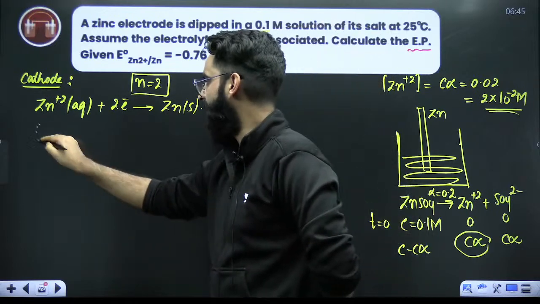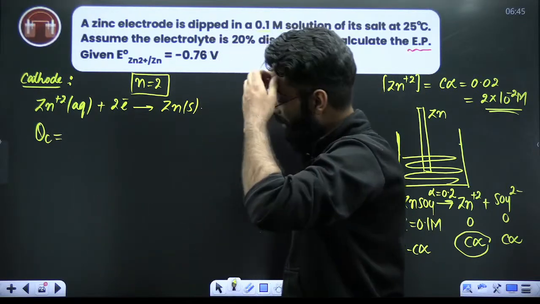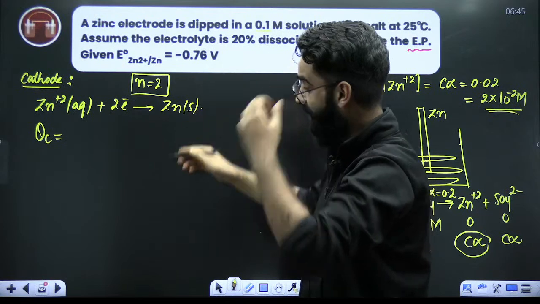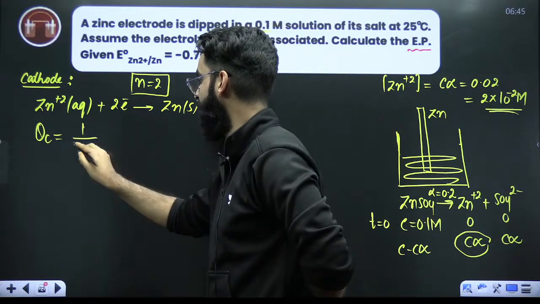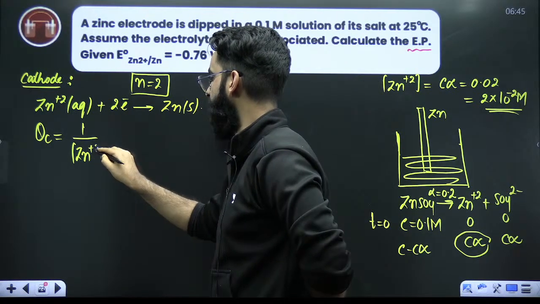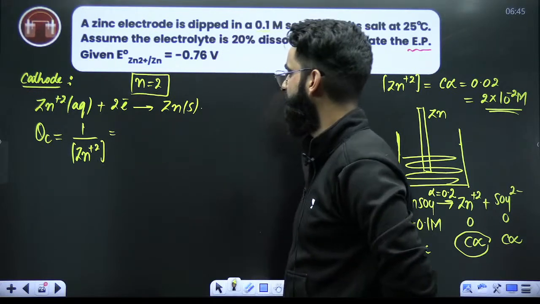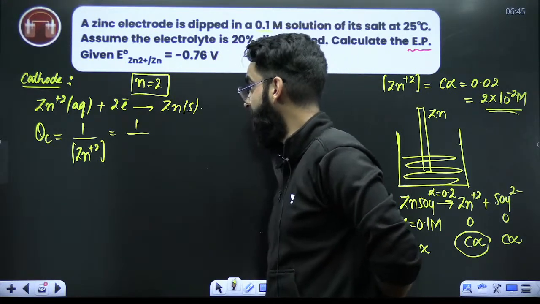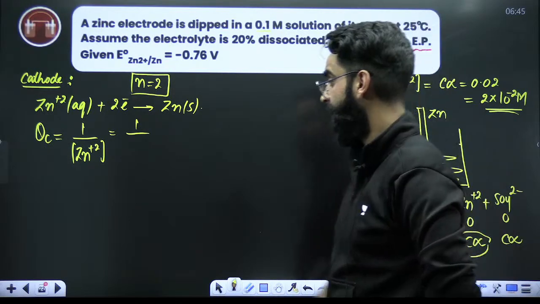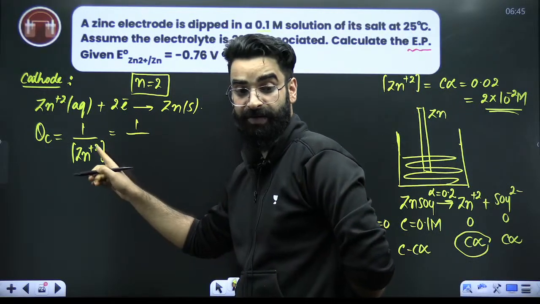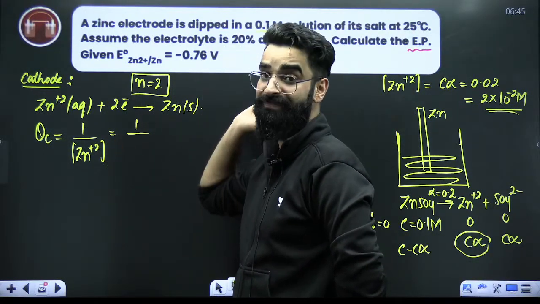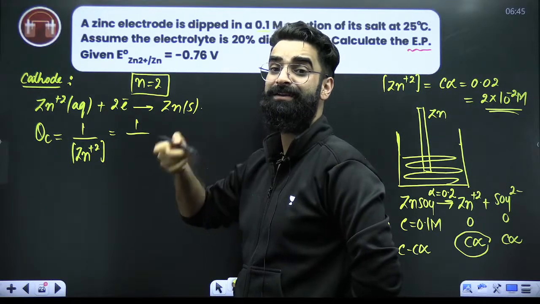Okay, what about QC value? QC is equal to, start with the product. It's zinc solid. Its active mass is unity. So 1 divided by the concentration of zinc di-positive, raised to the power of the stoichiometric coefficient. So it is 1 divided by, what is the concentration of zinc di-positive? What do we need to calculate? We need to calculate the reduction potential of the half cell when 20% electrolyte is dissociated.